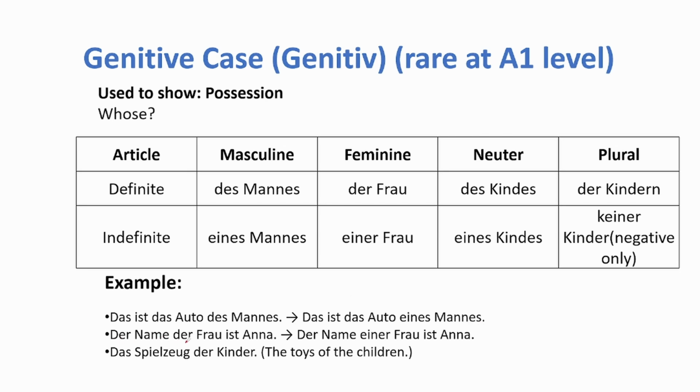Der Name der Frau ist Anna. The name of the woman is Anna. Der Name einer Frau ist Anna, which means the name of a woman is Anna. Das Spielzeug der Kinder, which means the toy of the children, right?